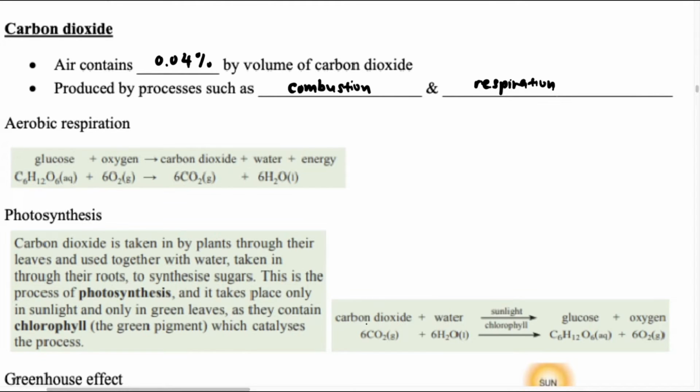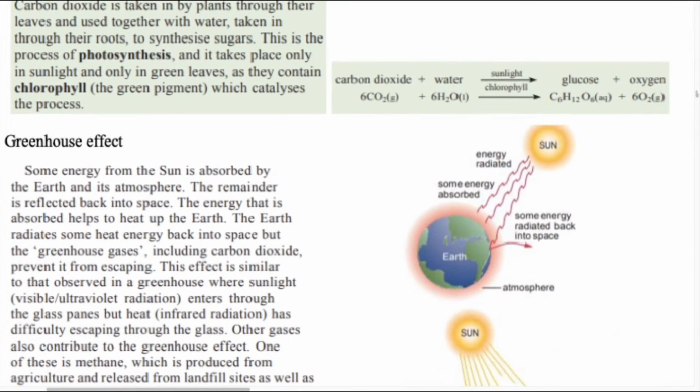So you can see photosynthesis is where carbon dioxide is used together with water, through sunlight and through chlorophyll. Then they form the sugar, which is glucose, plus oxygen.